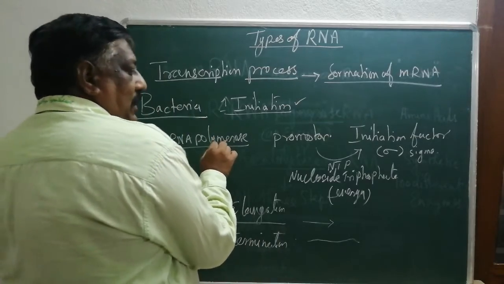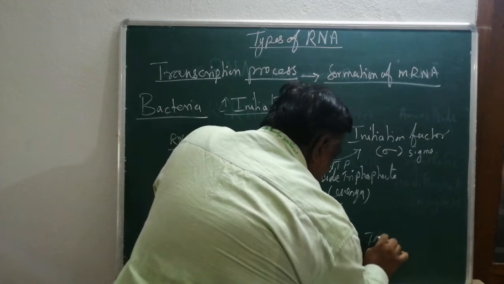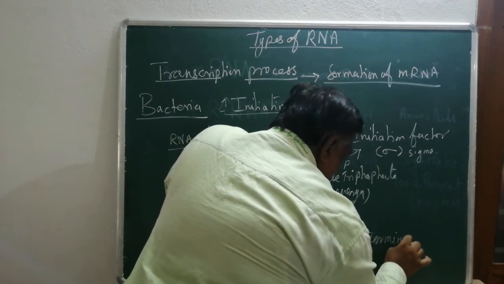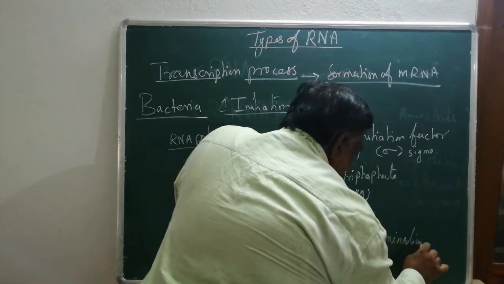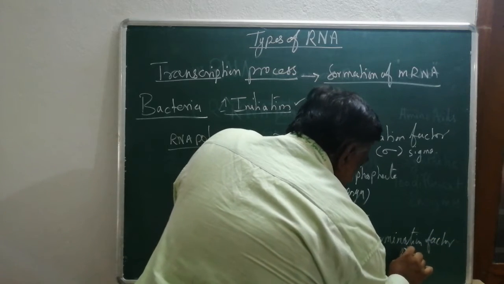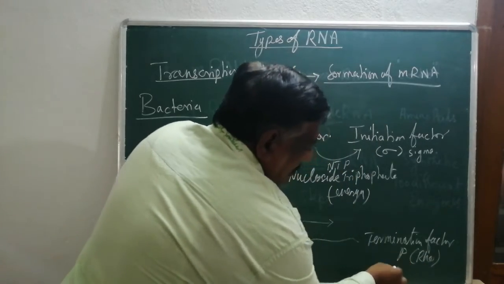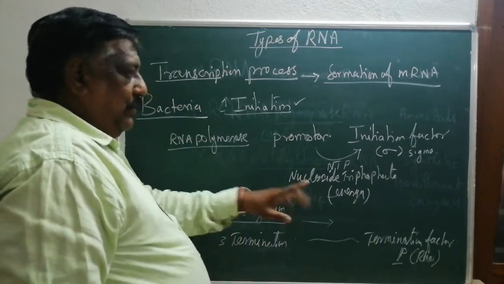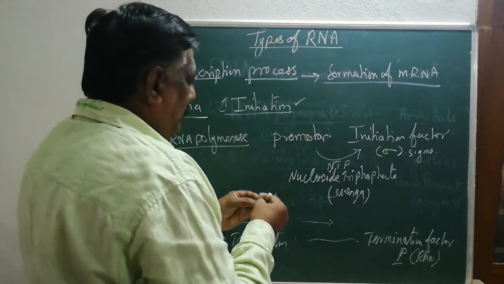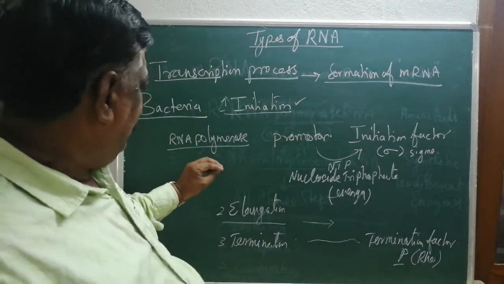Now this RNA polymerase joins with the termination factor. There is another factor called Rho. The name is Rho, but written with the letter P. Rho factor. When it joins with the Rho factor, the process stops. Only 3 steps. Very simple steps.